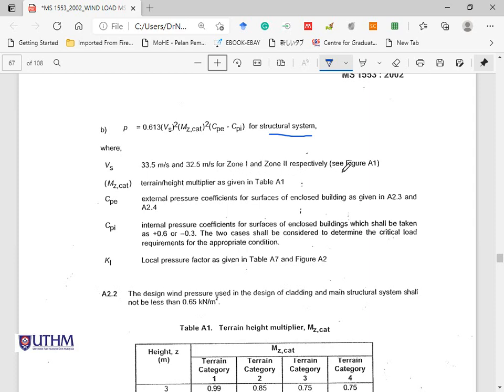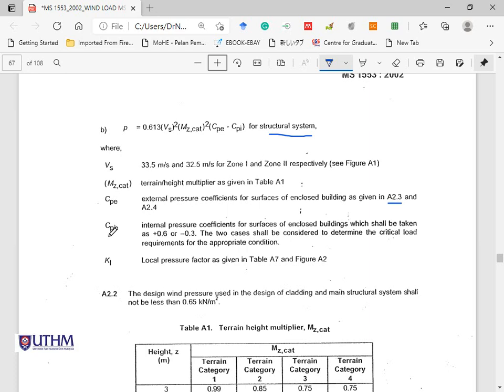So we need to refer to figure A1. The MZcat here is the terrain height multiplier. Terrain is the shape of the earth's surface, as given in table A1, which we will look at later. CPE is the external pressure coefficient, referring to A2.3 and A2.4.